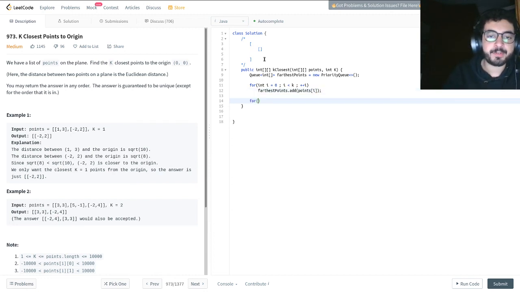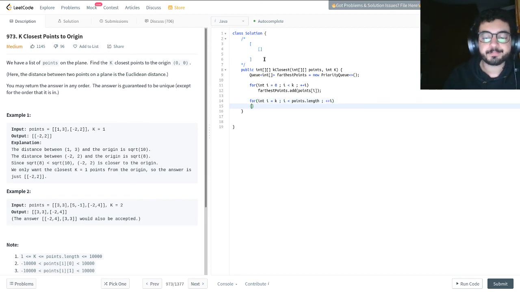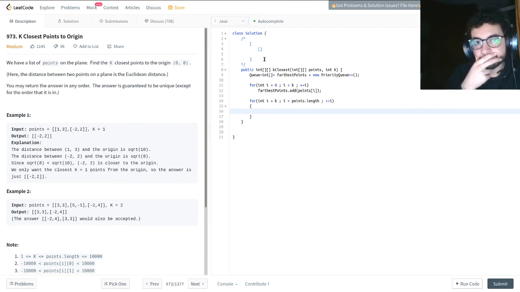And then for int i is equal to k, and i is less than points dot length, plus plus i. What we need to do is ask: is the point we are on closer than the farthest one? If so, just exchange it.